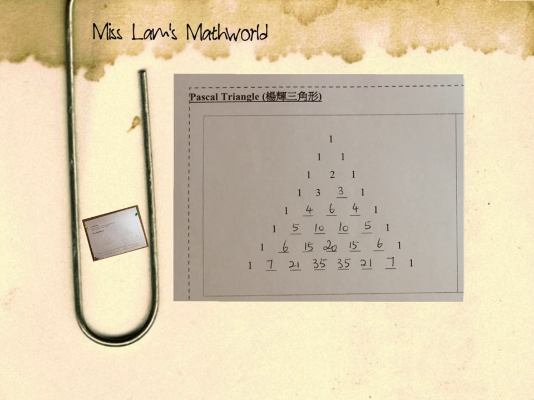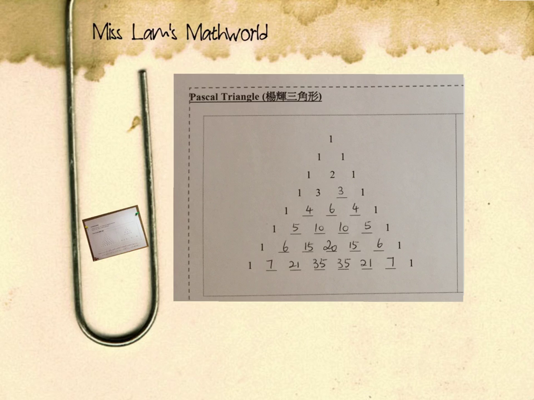And after the effort, you get something like this. It is called the Pascal triangle. In Chinese, it's called 楊輝三角形. The reason is that the Western people got the Pascal triangle by Pascal, and the Chinese also found this triangle by Mr. Yang Hui. So we have different names for them, but the meanings are still the same.